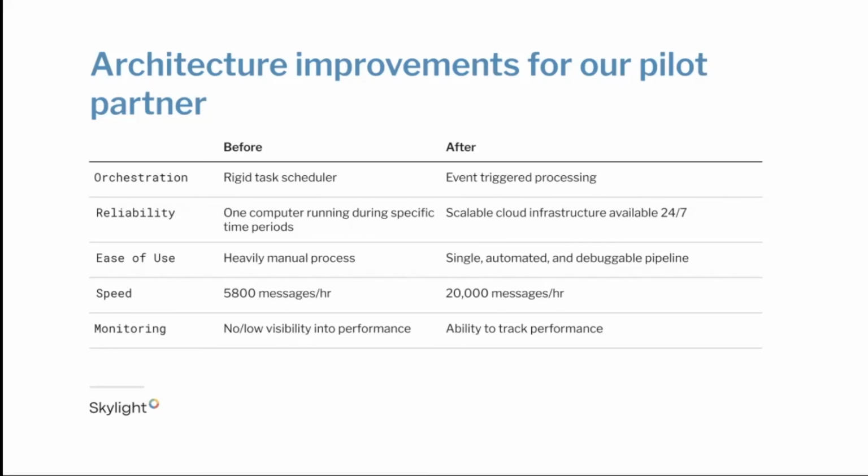This was such an improvement over what Virginia had going out of the box that we didn't even really look at ways to make it any faster. But there's certainly potential to increase performance further. Additionally, because of all the baked-in monitoring and logging that just comes for free by using cloud services, there's much greater visibility into this architecture.